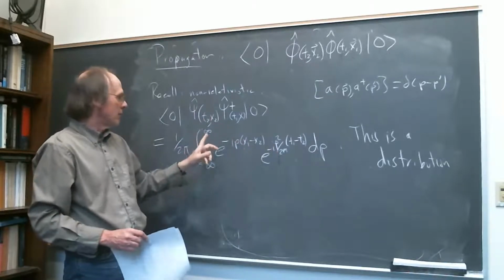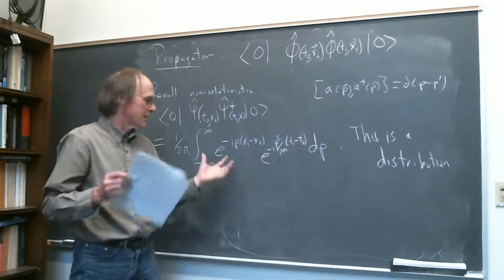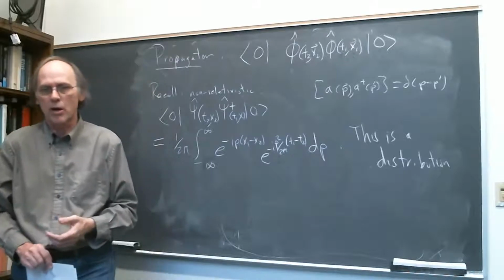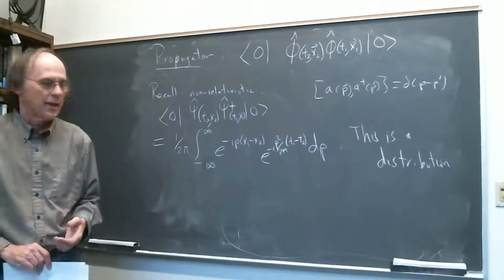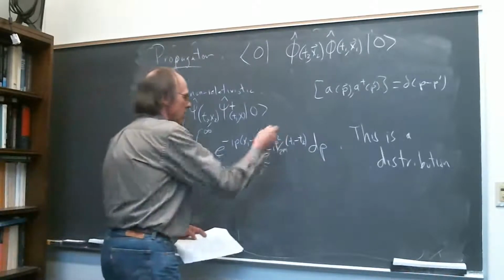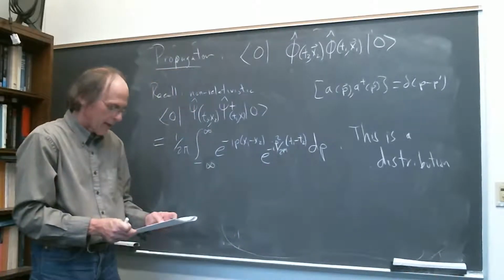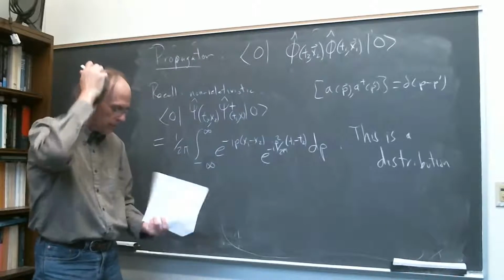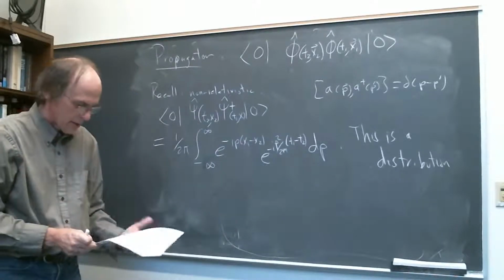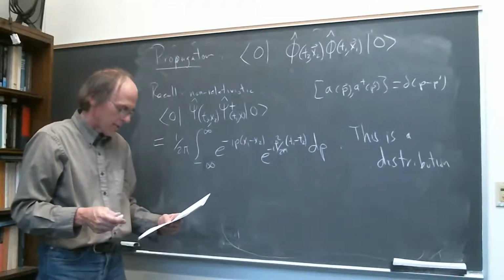Well, that's just the same story as solving the free particle Schrodinger equation, and so going way back, you find that, let me say it this way, what you find.